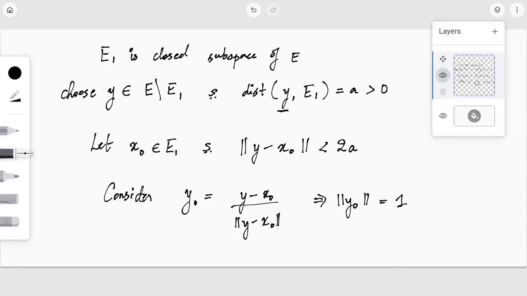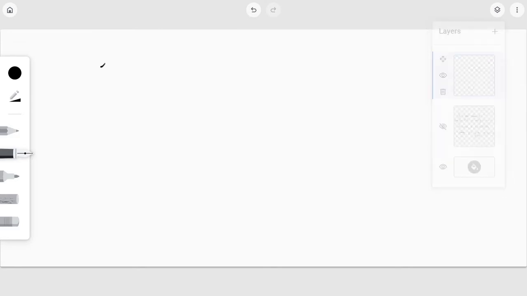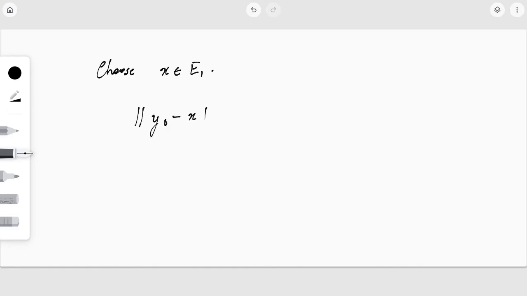For that I am going to choose an arbitrary element x in E1 and see what the norm of y dot minus x will be. This is the distance. What was y dot? Y dot was nothing but (y minus x dot) divided by the norm of y minus x dot.